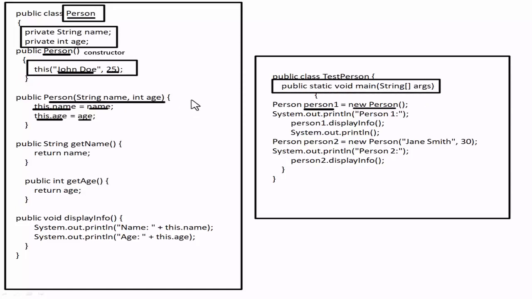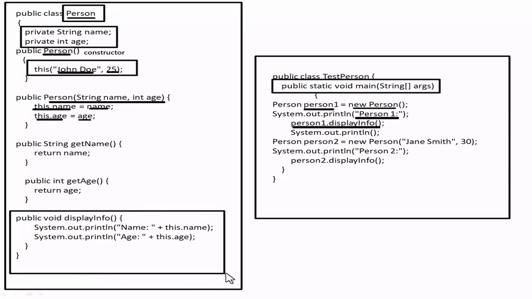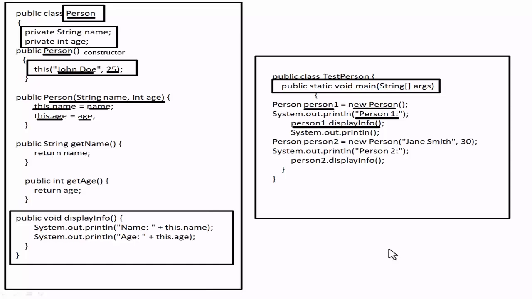Now you print person1. Person1 is an object. By using person1.displayInfo you call displayInfo, which is a method that displays the details.